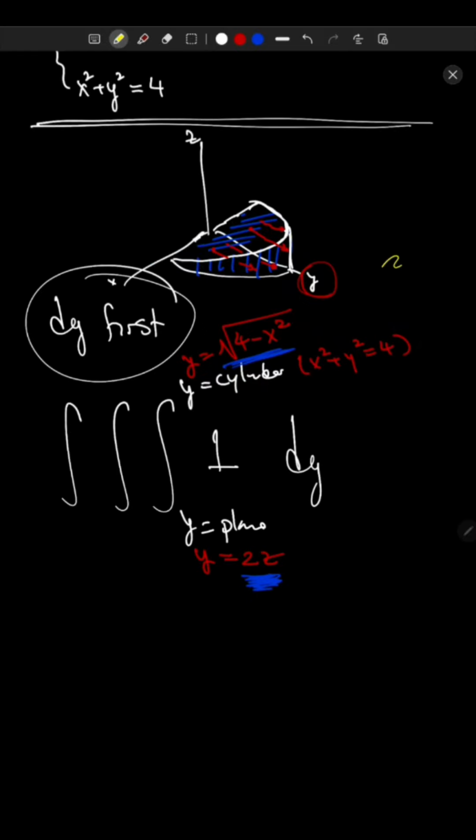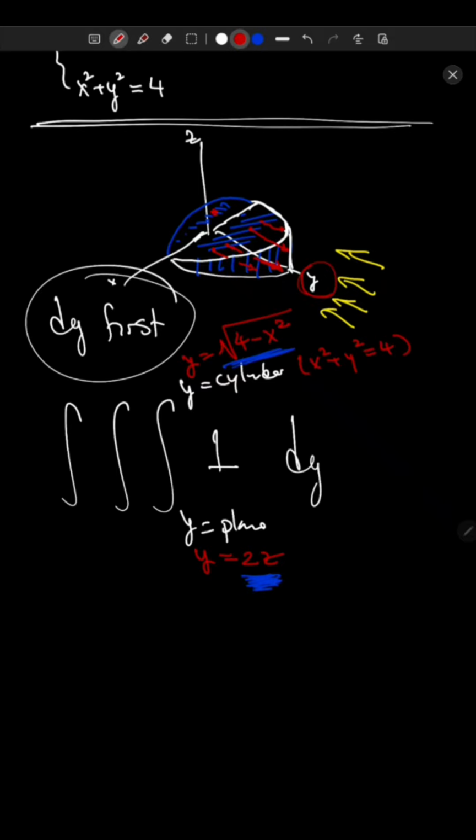For the outer two integrals, we have the sun shining along the y-axis. Its shadow creates the region of integration in the xz plane. In terms of the picture, that's going to be something like that. Every point inside this shaded region on the xz plane has a ray living above it, a dy integral living above it.